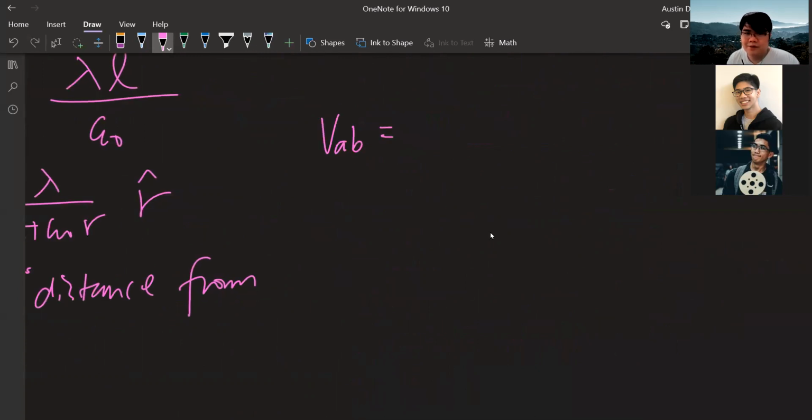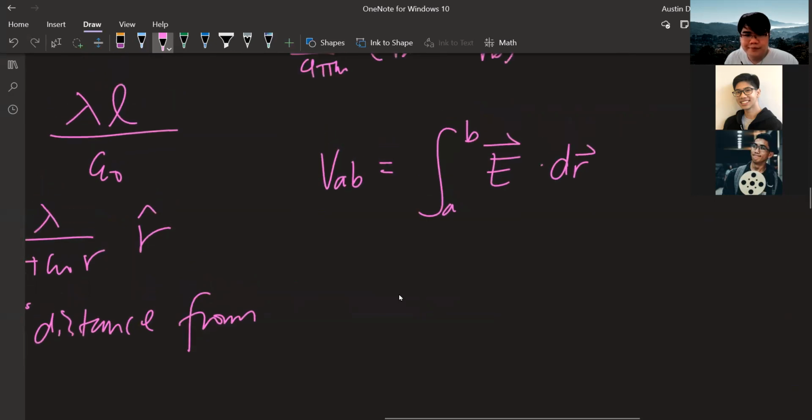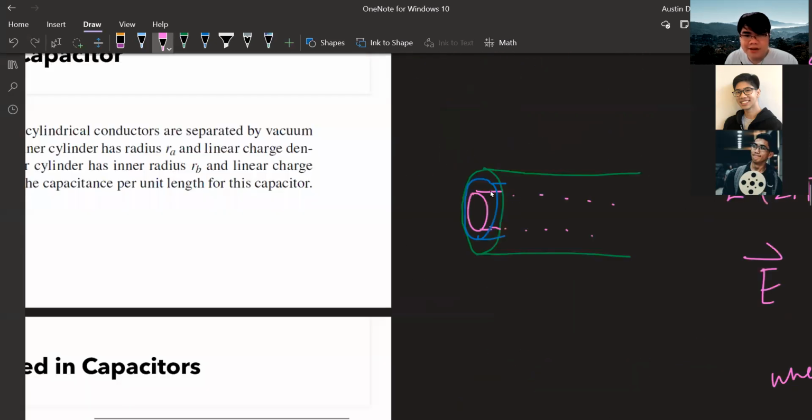VAB must be equal to E dotted with dl, but dr na lang siya ngayon, because I would integrate. If you imagine the field here, it is radially outward. So I would integrate towards that direction.